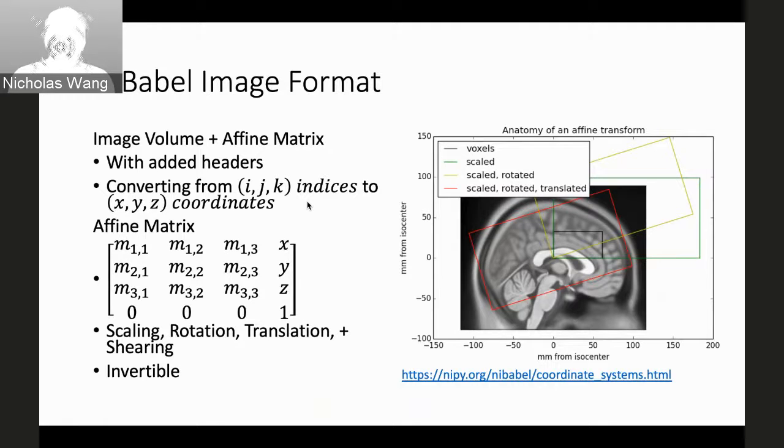And an affine matrix, which I'll be talking about later, contains scaling, rotation, translation, and shearing. And one important thing to note is that these are all invertible matrices, which makes converting back and forth between these two coordinate systems pretty straightforward, which is important.